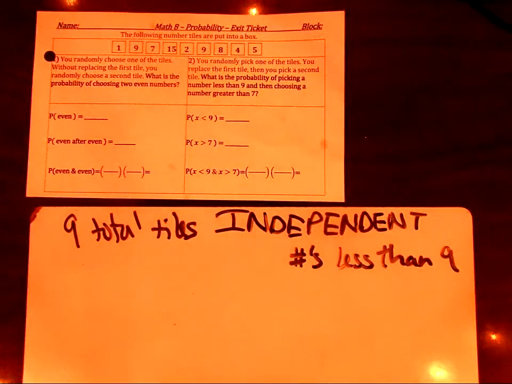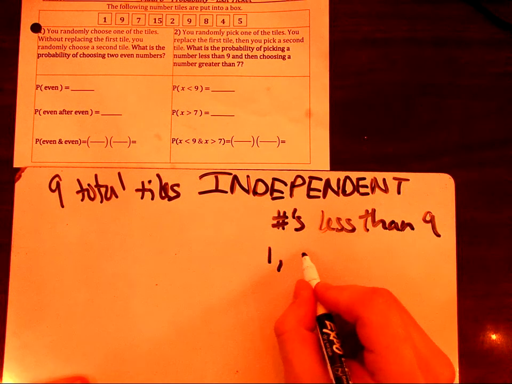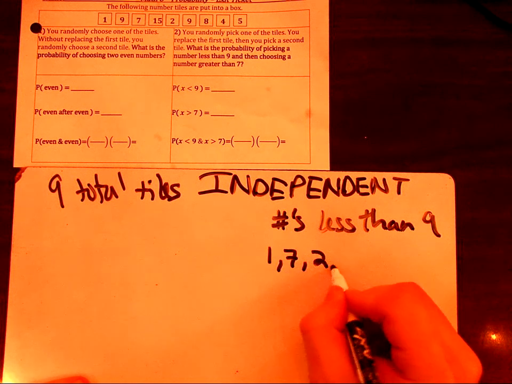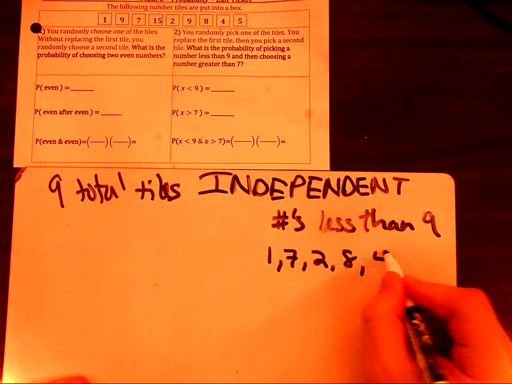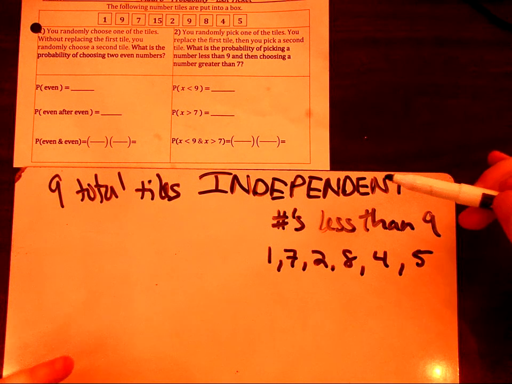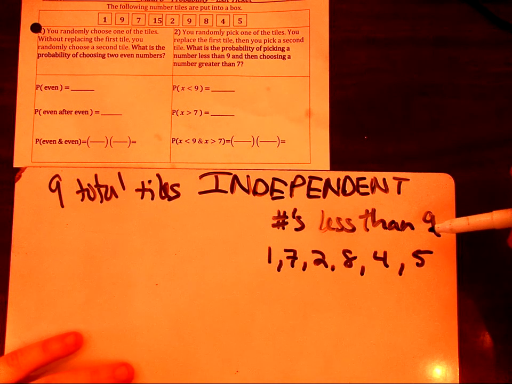We have a 1, 7, 2, 8, 4, and a 5. I'm just listing those values as we know that those are all less than 9. Since we're saying strictly less than, we would not include 9, so be very careful on the wording for that.